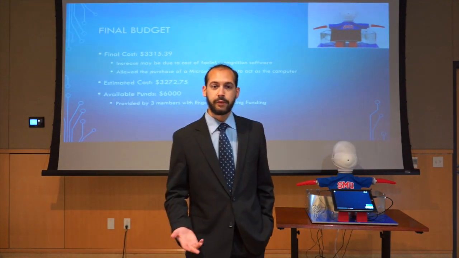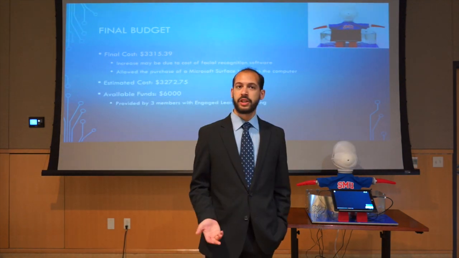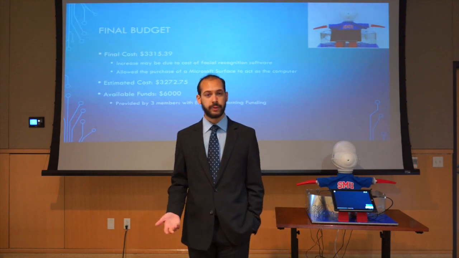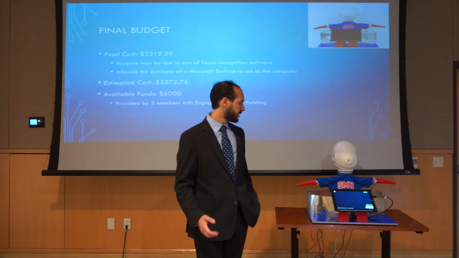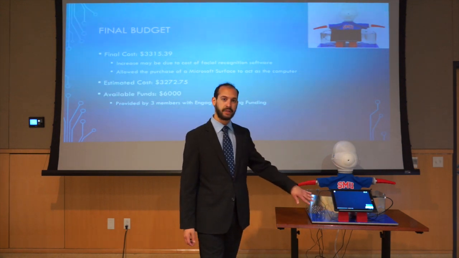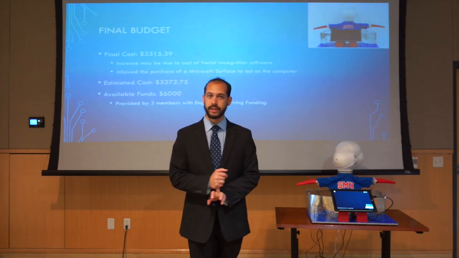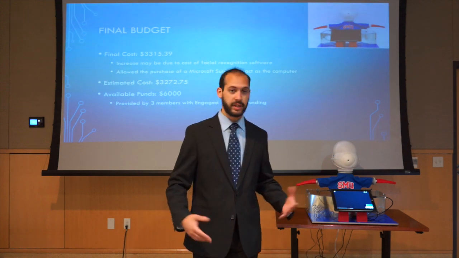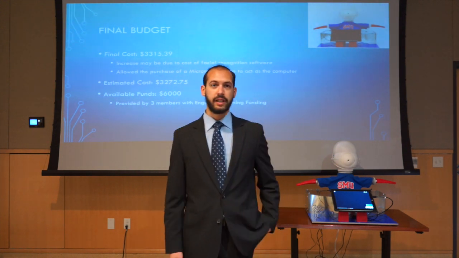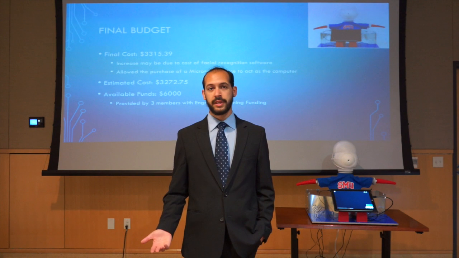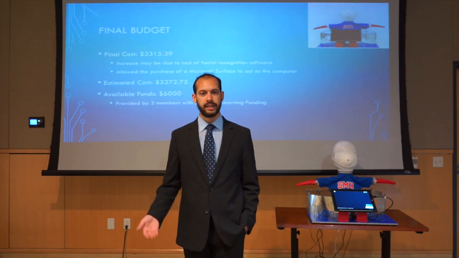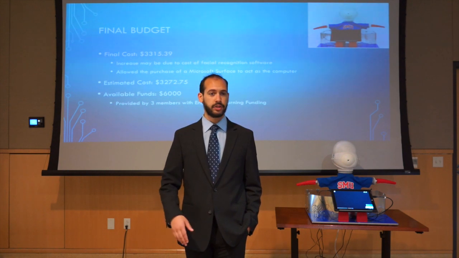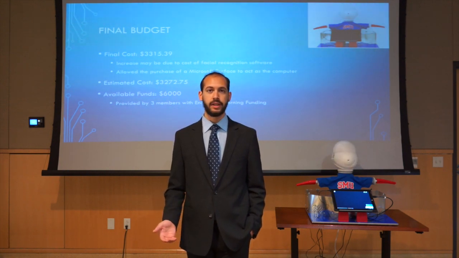After building the fortune teller, our final budget came up to a little bit above $3,300. The bulk of this budget came from using a Surface tablet and a facial recognition code, and then just buying materials otherwise. We estimated the cost at the beginning to be about $3,200, so we exceeded that a little bit because the facial recognition code was a little bit more than we expected.